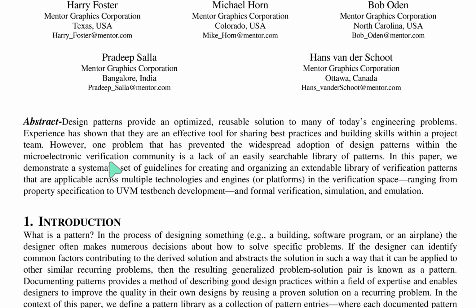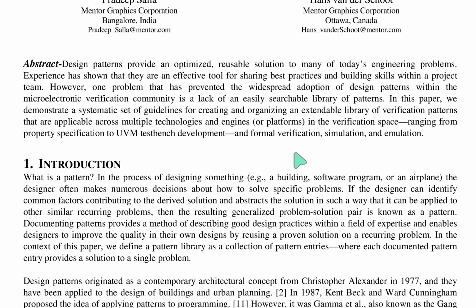In this paper, we demonstrate a systematic set of guidelines for creating and organizing an extendable library of verification patterns that are applicable across multiple technologies, engines, or platforms in the verification space, ranging from property specification to UVM test bench development, and formal verification, simulation, and emulation.